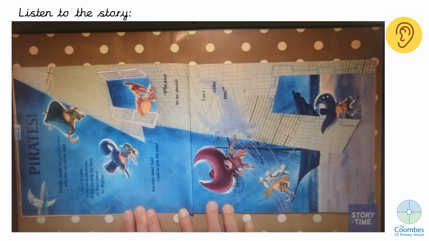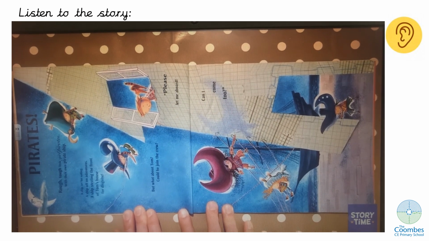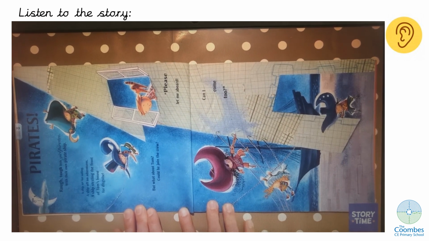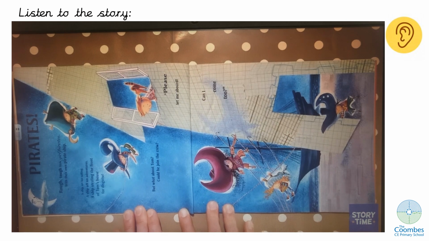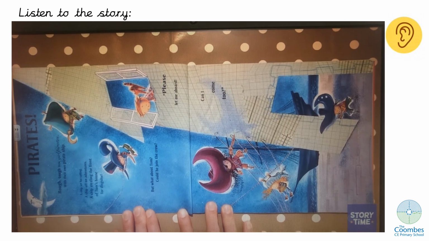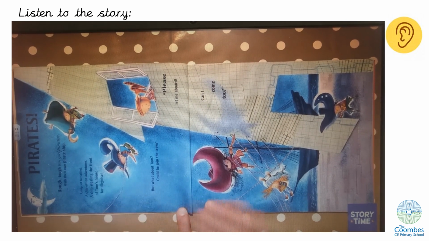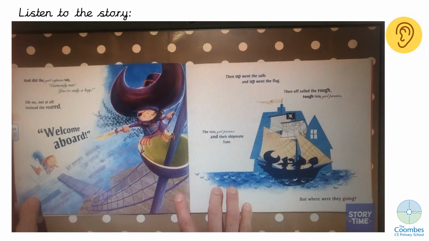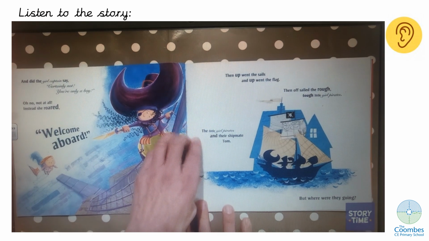Rough, tough little girl pirates, with their own pirate ship. A ship that was sailing, a ship off on an adventure, a ship stealing the front of Tom's house for disguise. But what about Tom? Could he join the crew? Please let me aboard. Can I come too?